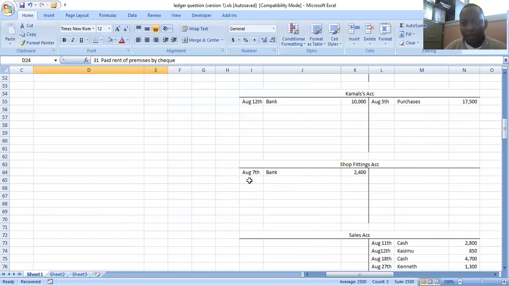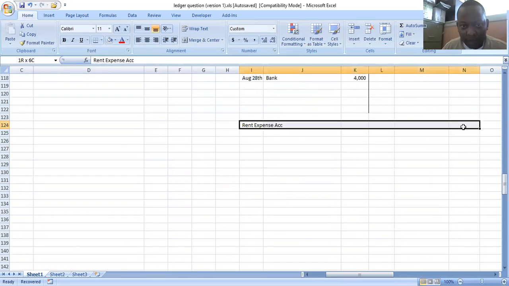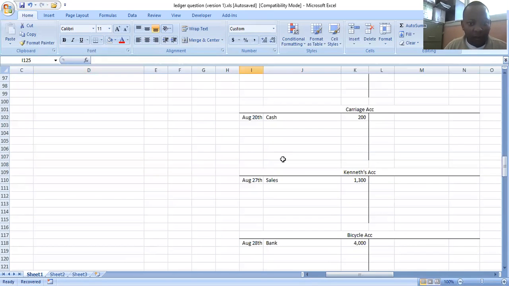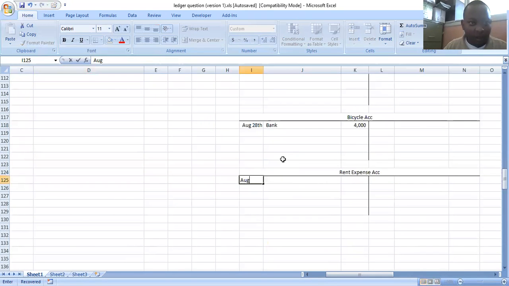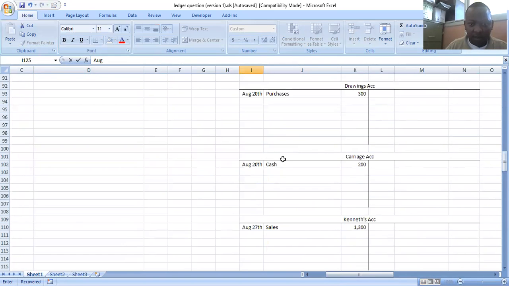So you open a rent expense account and debit. That is on August 31st.